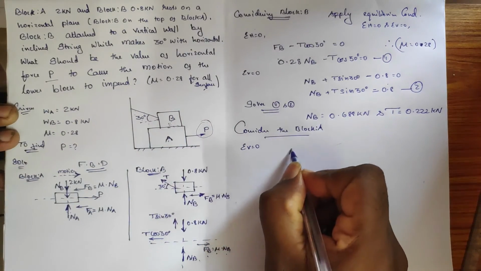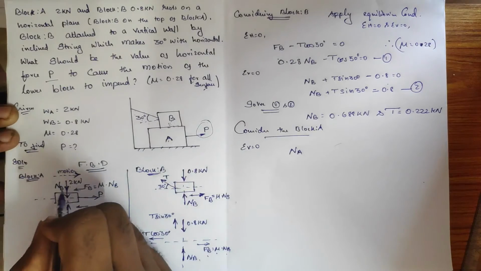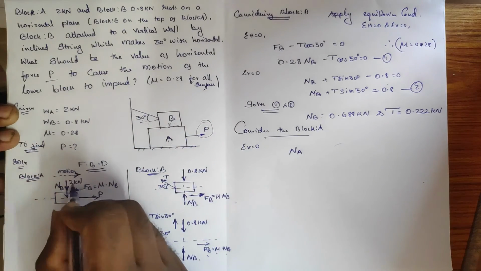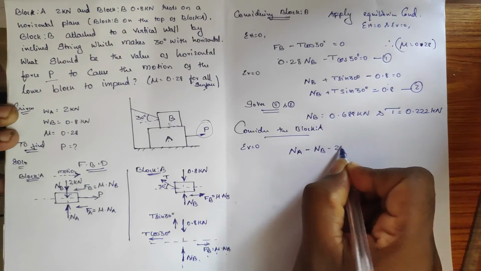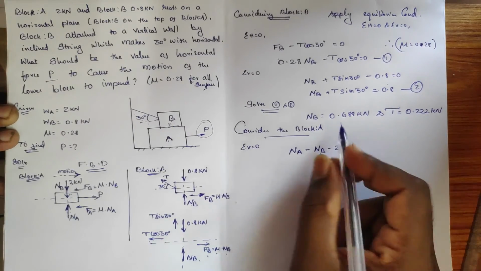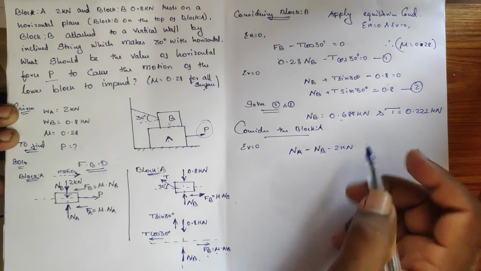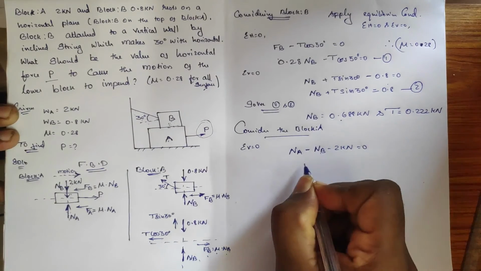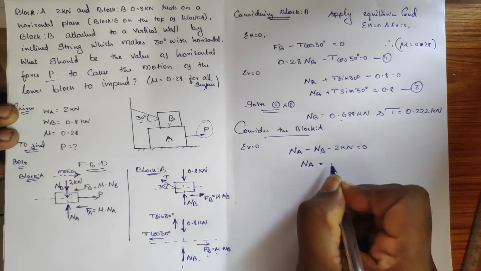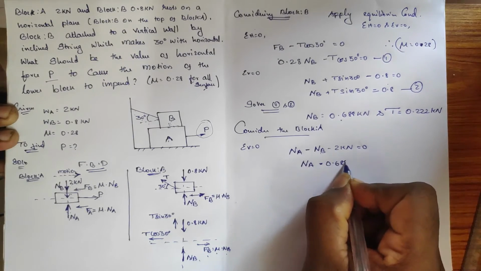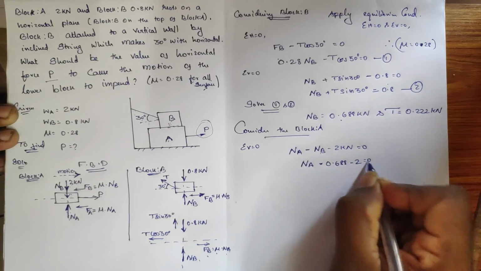So here upward force NA which is positive and two of the downward force which is negative, minus NB minus 2 kilonewton. So NB answer we have it. Okay, so what happens? NA minus 0.688 minus 2 which is equal to 0.